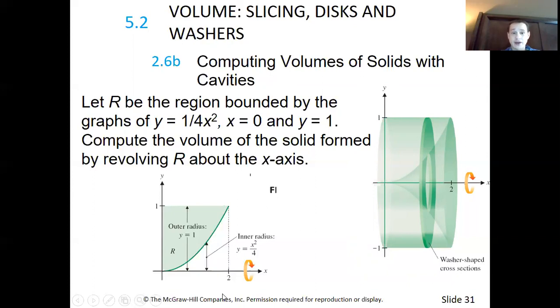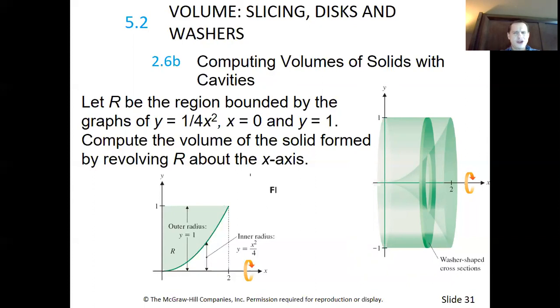Washers are when there's some inside part that you don't want spun around. So what do you do? You spin the whole thing around, including that inside little part, and then you subtract off what you get when you just spin that inside part around. So at first you include the inside part with your outer radius, and you subtract off that little part, the inner radius, when you're done.